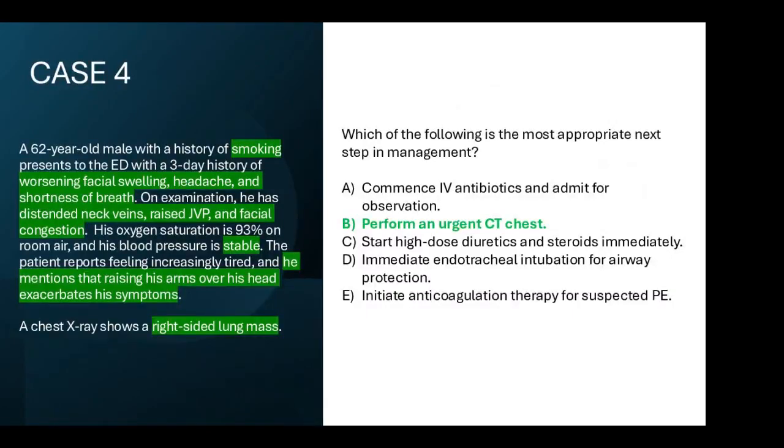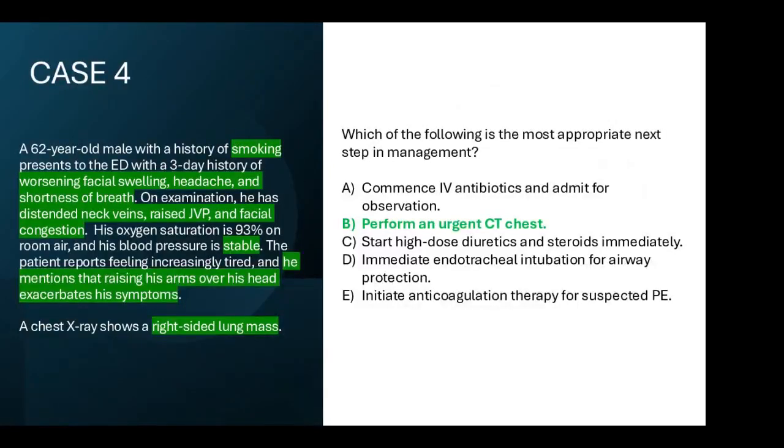Starting high-dose diuretics and steroids immediately might be useful in the long term, but not immediately. And the reason for that is, what is the diuretic going to do? It will maybe help with shortness of breath, or maybe offload his fluids. Steroids might be given to help with inflammation, especially if you're suspecting cerebral edema.